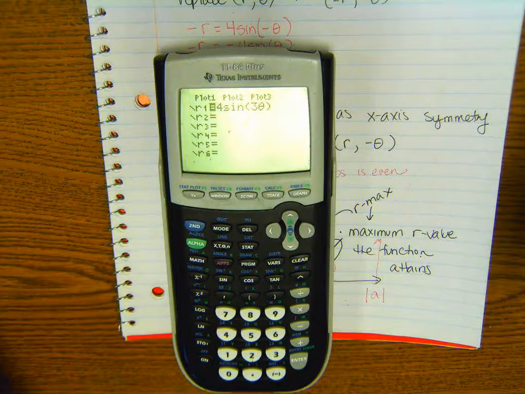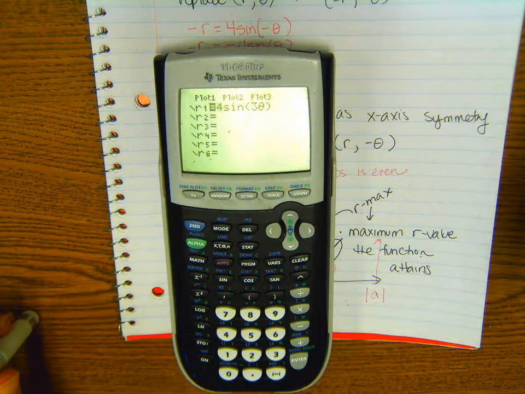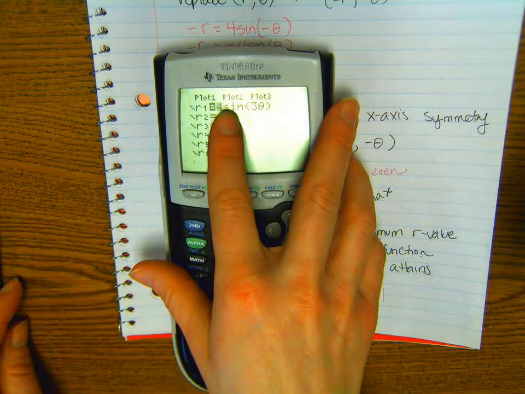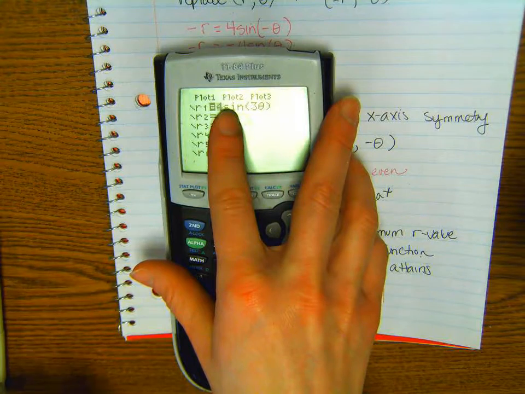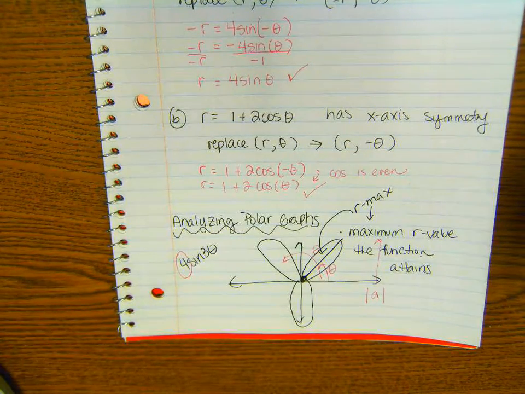The amplitude is the R-max. Can't I find maxes in function mode? Wait a minute. If you could go back to function mode and find where it hits its max, that's going to be the same spot where it hits its R-max in polar mode. Okay. It's not cheating. It's the only way to do it.